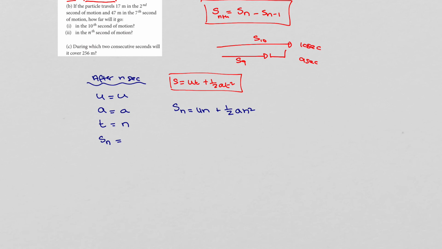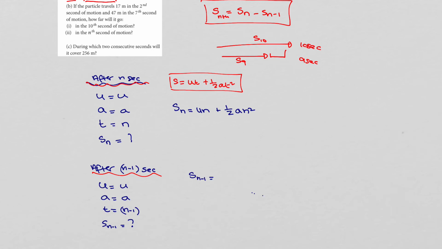Now, if I look at how far has it gone in 1 second less than that time, so n minus 1 seconds, then again, the initial velocity is still the same, the acceleration is still the same, but the time that we're looking at is just 1 second less. So if we sub in, we have s of n minus 1 is equal to u times n minus 1 plus a half a times n minus 1 squared.